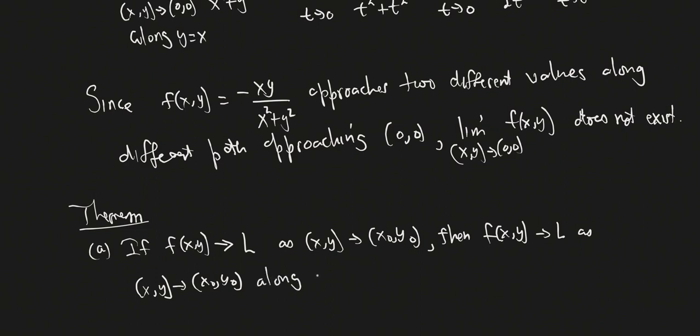So what this is saying is, if you know that the limit exists, that the function approaches a fixed value, then no matter what path you take, the function is going to get closer and closer to that number.